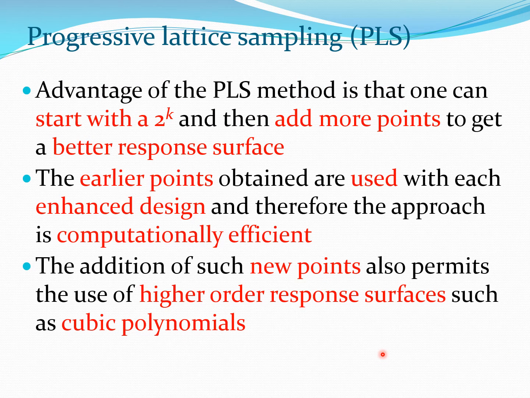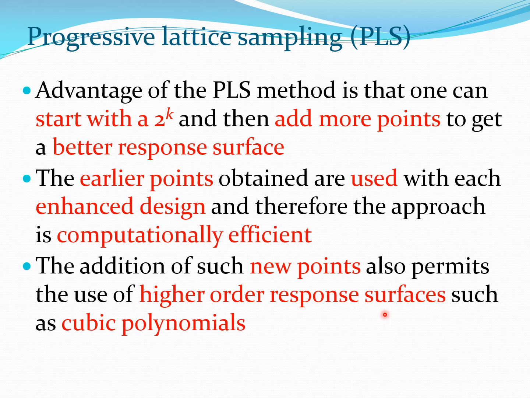So we see that the good point about this PLS method is that you could start with a very basic 2K design and add points to get the better response surface. And whatever points you started with in the design, you keep them while you keep putting on new points. Therefore, this approach is somewhat better in terms of computation. And also by putting these kind of new points, you could create higher degree response surfaces.